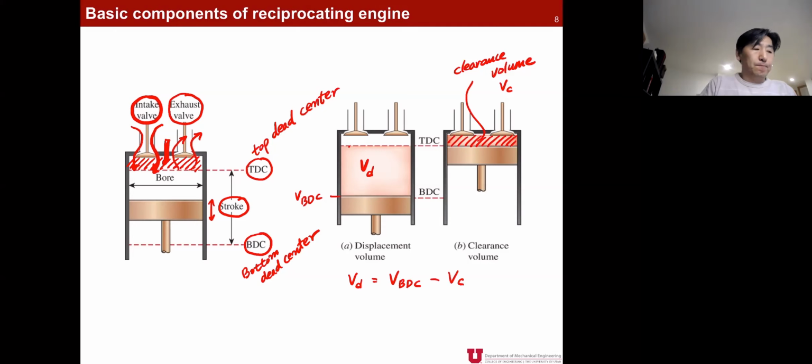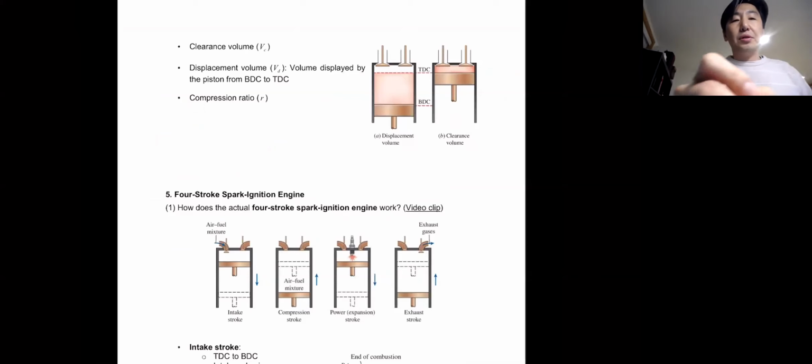Now, with all these descriptions of required symbols and names, we can define one very important operational parameter, that is compression ratio. Remember that this compression ratio is the most important designing parameter for the spark ignition engine, or the Otto cycle that we are going to talk a lot about in the next lecture.